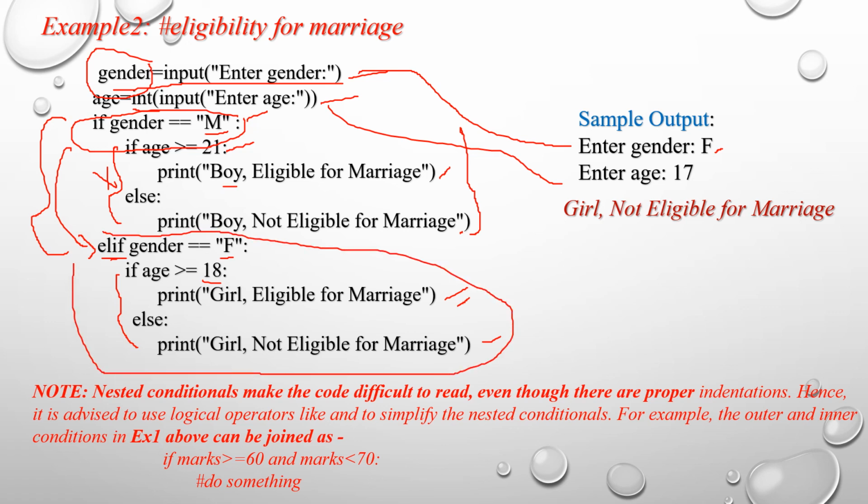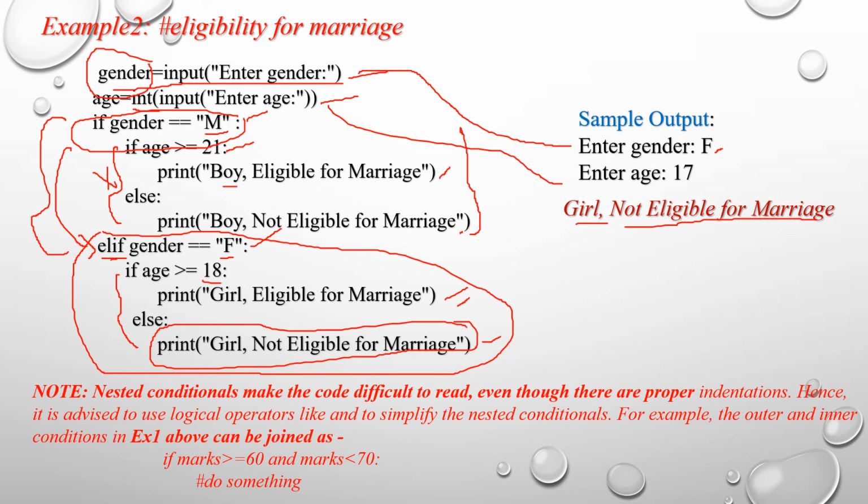Here gender is F, so this condition is true, and age is 17. We declare one condition: if age is greater than or equal to 18, print girls is eligible for marriage. Here the entered age is 17, which is less than 18, so this condition is false. It executes the second statement, which says girls are not eligible for marriage.